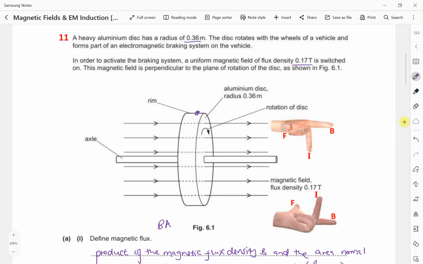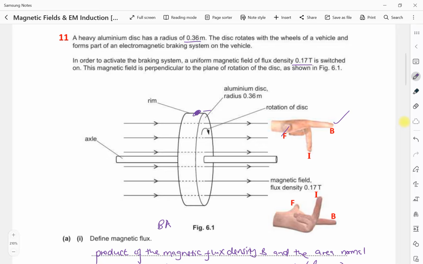So when employing Fleming's left-hand rule, the force must be acting counterclockwise at any point, which I represent by the thumb here. The magnetic field is towards the right, so the first finger must point towards the right. If you make the thumb point in the counterclockwise direction of the rotation of the rim, you notice that by Fleming's left-hand rule, the second finger points towards the center.